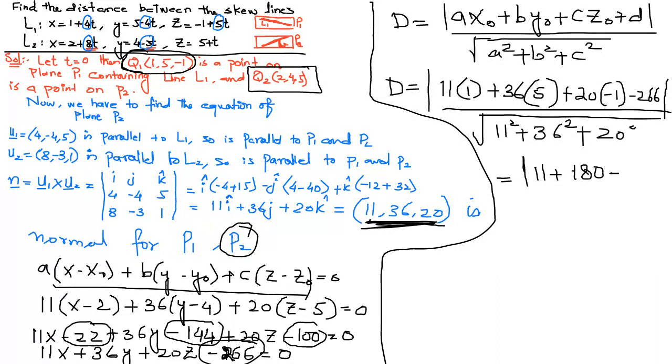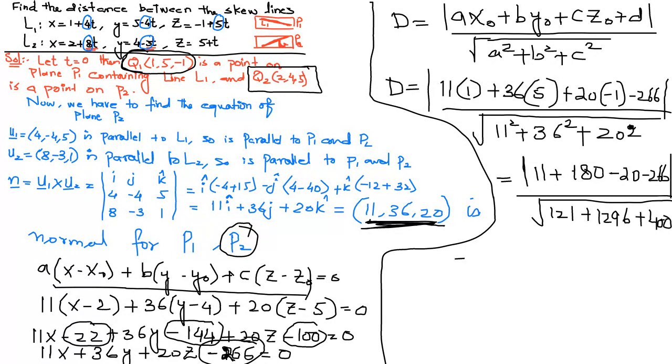Minus 20, minus 266. Divided by 11 square, which is 121, plus 36 square, which is 1296, plus 20 square, that is 400.